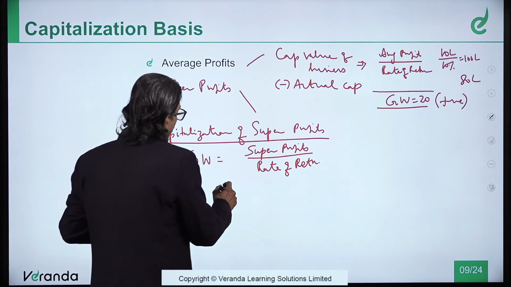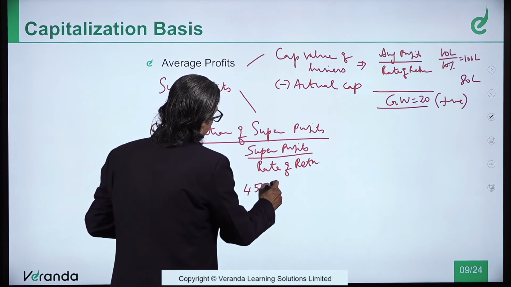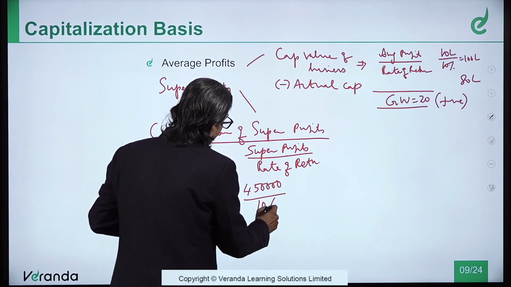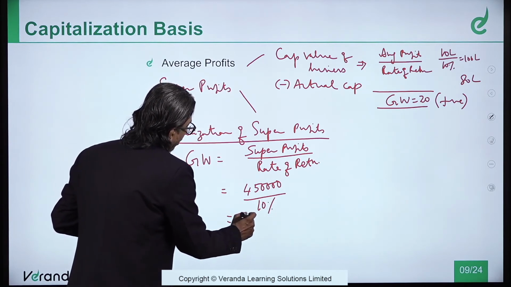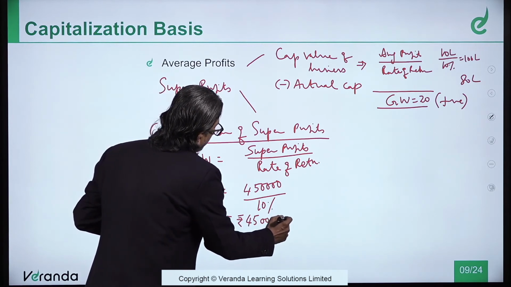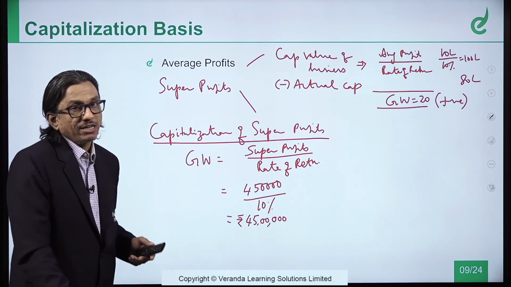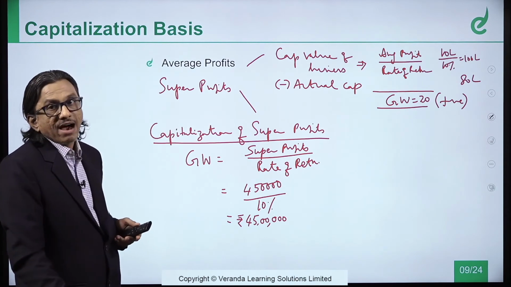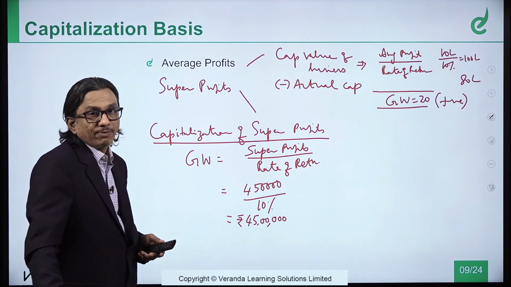Suppose if super profit is 4,50,000 and the rate of return is 10%, then the goodwill in that case will be 45 lakhs. So in the case of capitalization average profit, first to find capitalized value, average profit by rate of return, deduct actual capital from that.